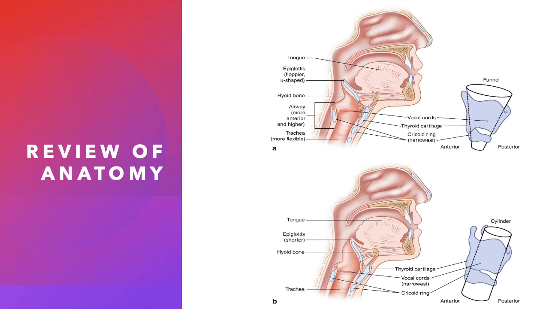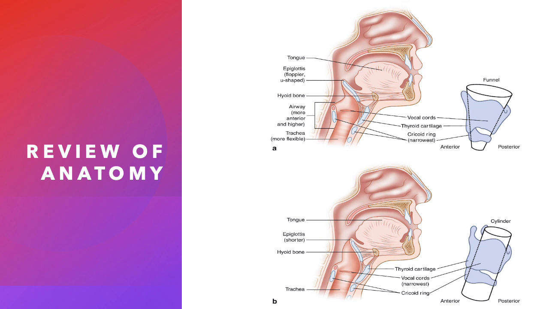The narrowest portion of the larynx is the subglottis, or the area just below the vocal cords, in the pediatric age group, whereas the narrowest portion of the airway in an adult is at the level of the vocal cords. The subglottic area in the pediatric age group corresponds to the cricoid ring or the cricoid cartilage, which is the narrowest portion of the pediatric airway.